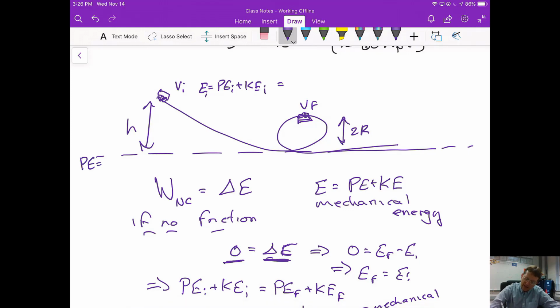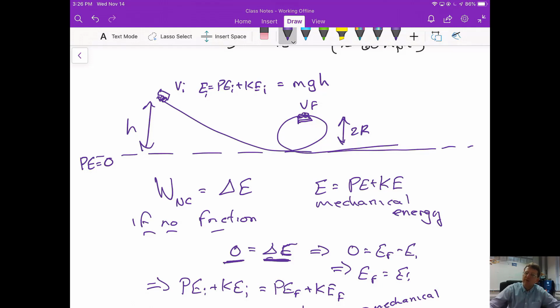So I'm going to define the potential energy equal to zero at the ground. Then the potential energy at the top of the hill is just mgh, potential energy due to gravity, where h is measured upwards.